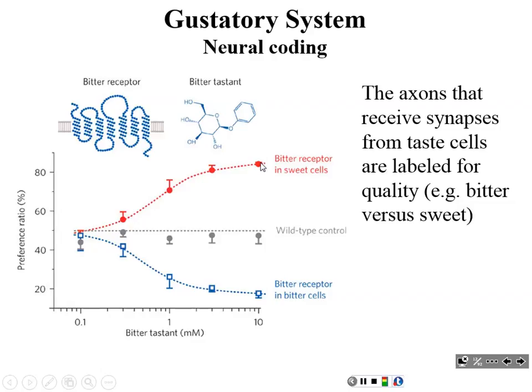So the bitter receptor is going to activate that sweet cell and that sweet afferent, and the animal is going to keep on drinking, and it's going to drink even more because it thinks that it's drinking something that is sweet. So what this experiment tells us is that not the cell per se is encoding the information, but the afferent fibers and the connections in the central nervous system are the ones encoding for what is sweet, what is bitter, and so on and so forth. Okay?